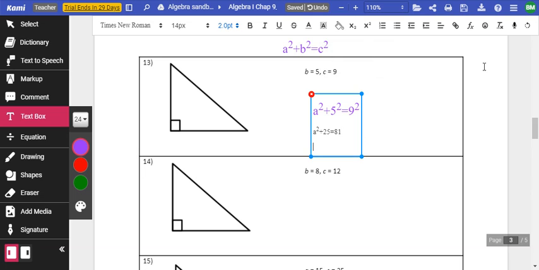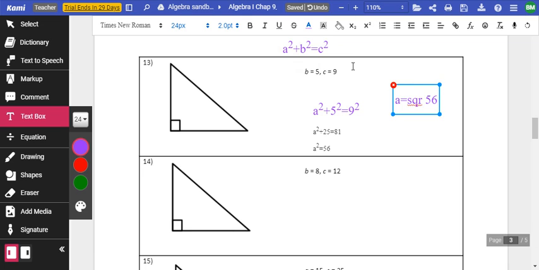So we're going to get A squared equals 56, because I subtracted 25 from both sides. Now we need to simplify that. We need to get what A equals. Well, A equals the square root of 56.